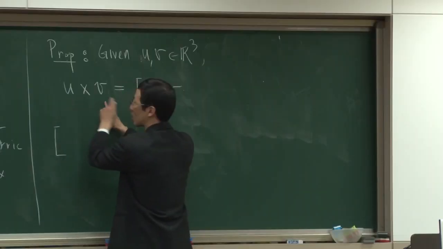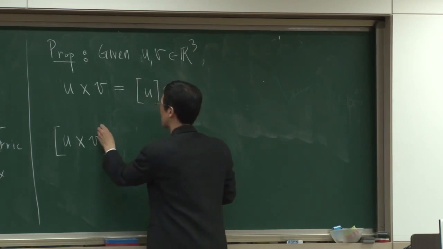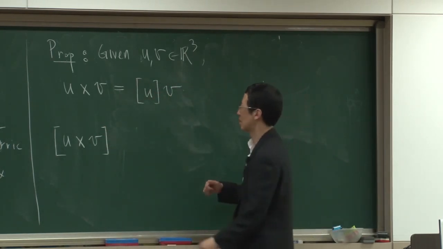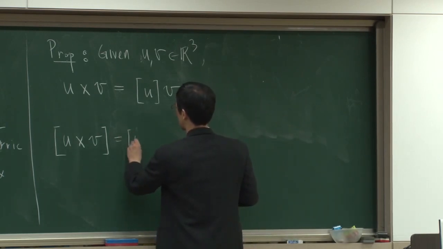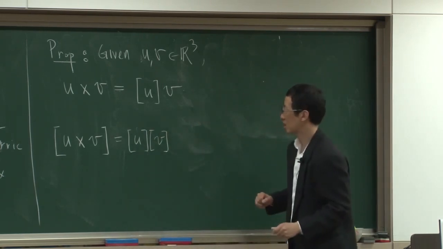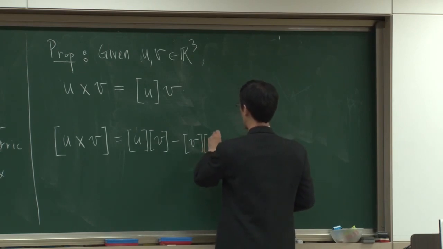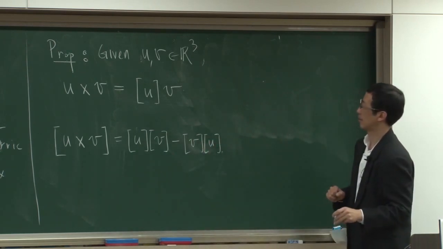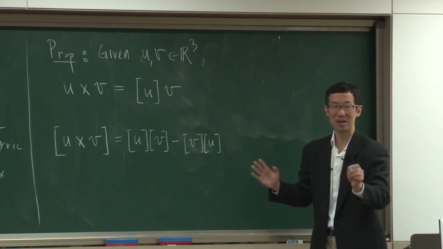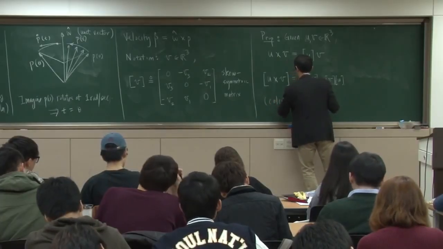So I have U cross V. If I now want to take the result of U cross V and arrange it in this skew symmetric form, another way to do that is just to take U times V, the skew symmetric representations, minus V times U. So these formulas you can all just check by calculation. Very easy.